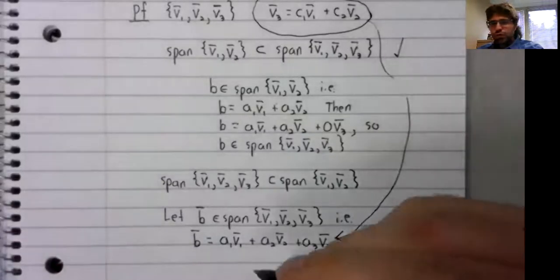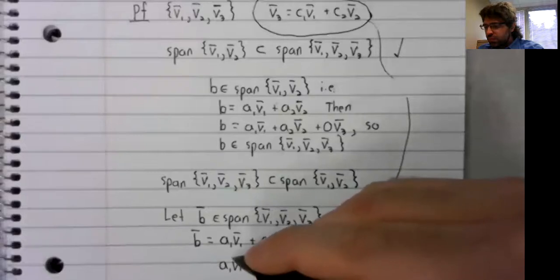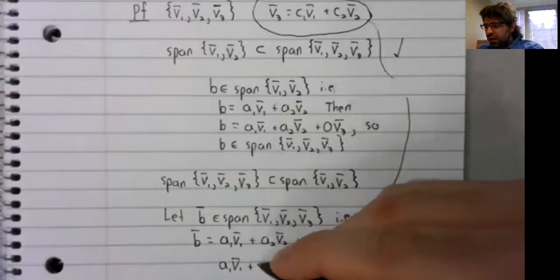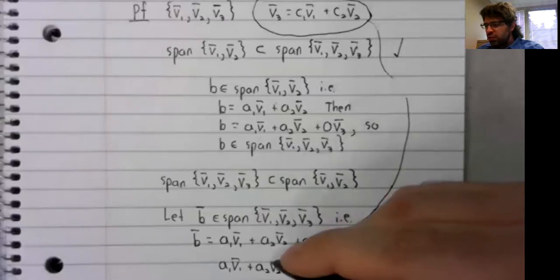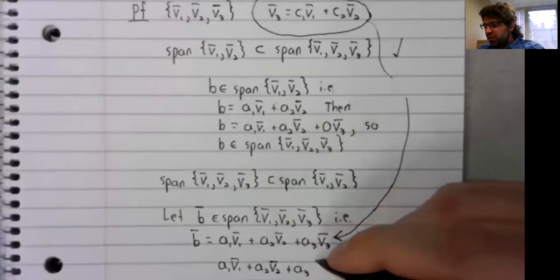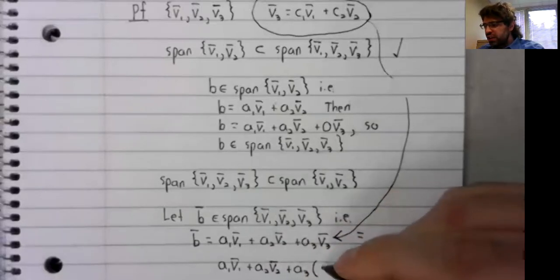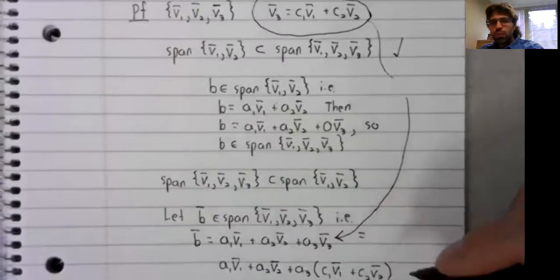So we can rewrite this as follows. We replace V sub 3 with this linear combination that it's equal to.